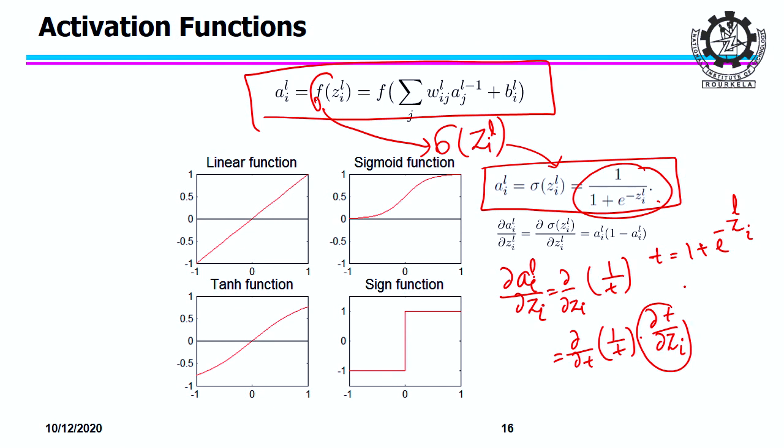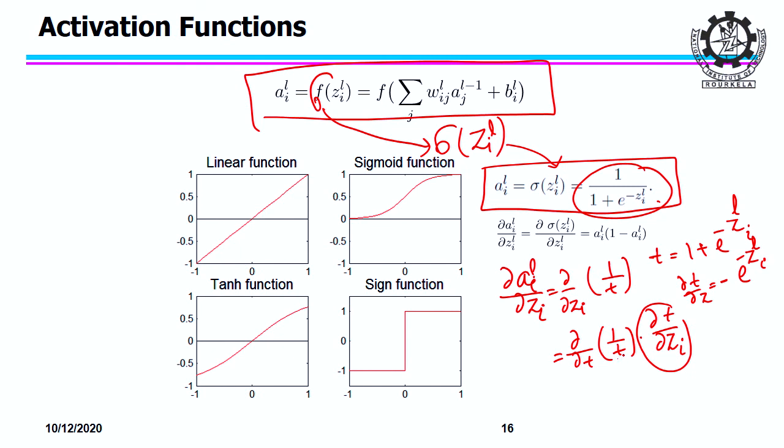How do we compute it? Del t by del z is, since 1 is constant, e to the power minus z, so this will be minus e to the power minus z_i^L.